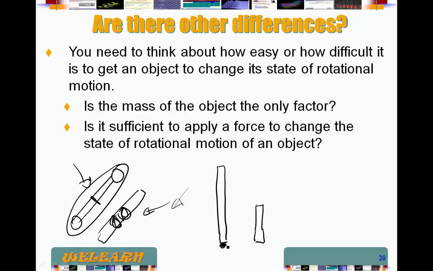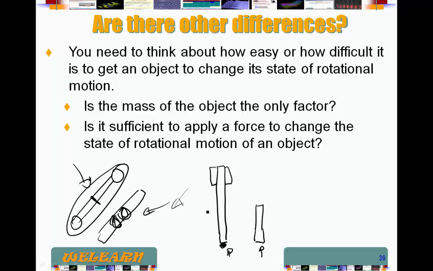So if we would like to prevent it from rotating, we saw that it's easier to prevent a longer object than a shorter object from rotating. Even more, we noticed that when we added a mass to the end of the object, the end that's further away, it was even easier to balance. Easier to balance means it was more difficult to change its state of rotational motion.